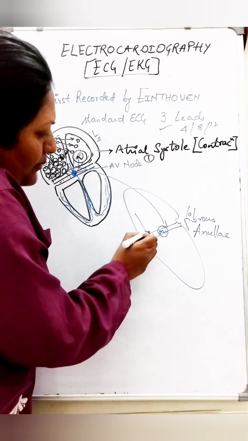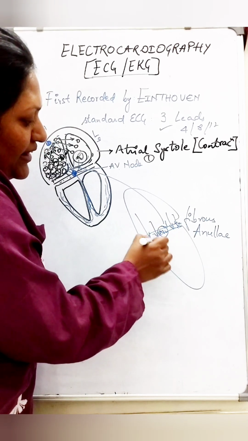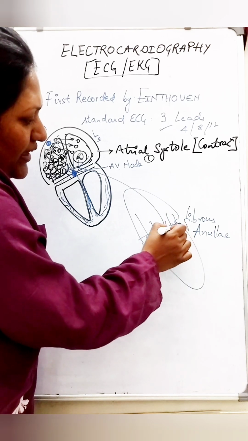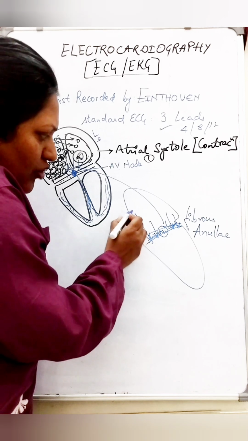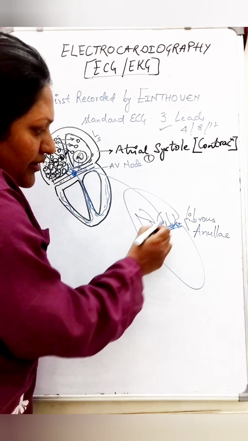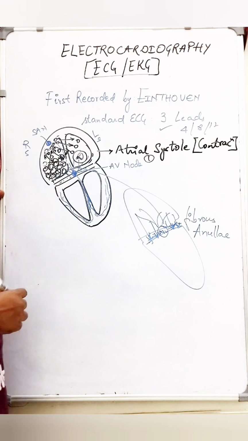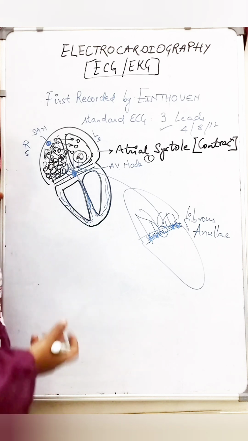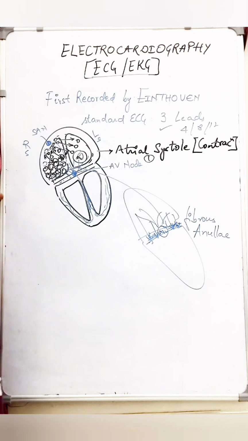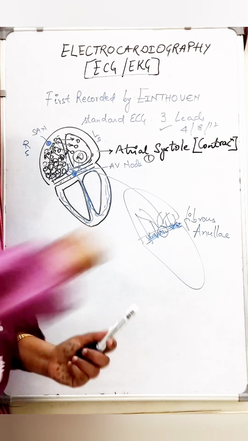So maximum depolarized signals, when they reach the fibrous annulae, will get damaged or will totally become null. And therefore, all the signals will be concentrated towards the AV node only, because it is made up of fibrous tissue, which is not having the capacity to collect or hold the signals. So therefore, all the signals, so let me draw it very neatly.